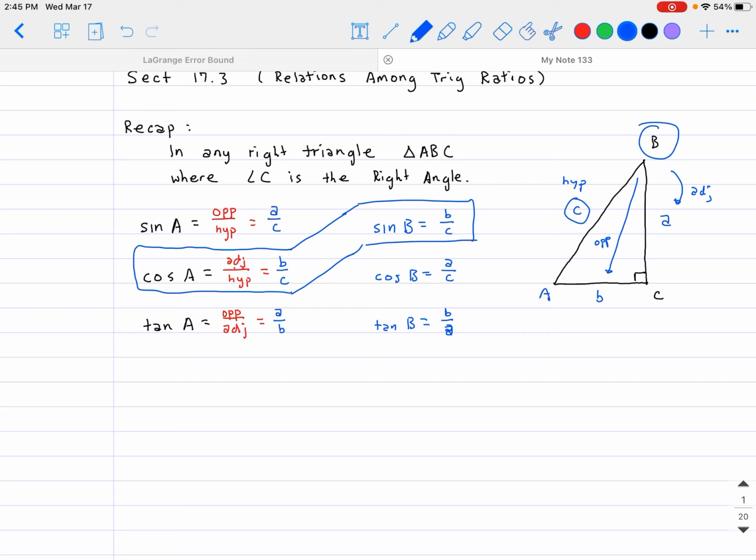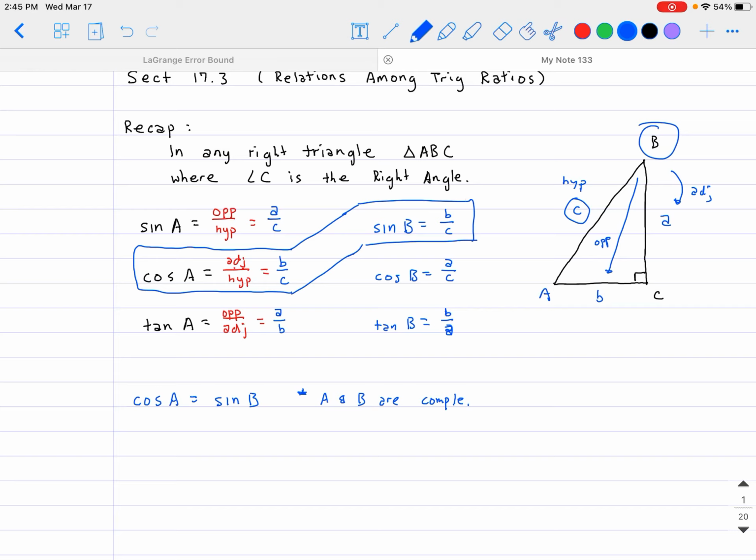That is to say, this is kind of like a theorem now: cosine of angle A is equal to sine of angle B, so long as A and B are complementary. That means the sum of them has to equal 90 degrees.